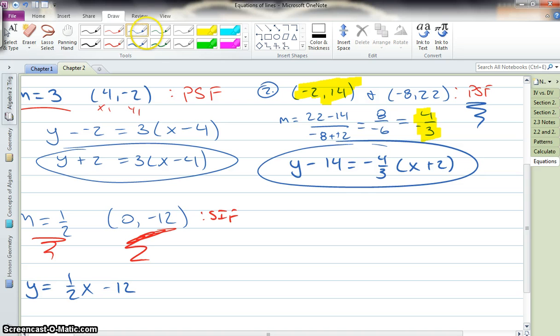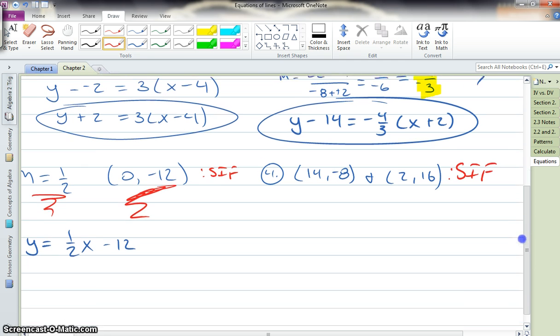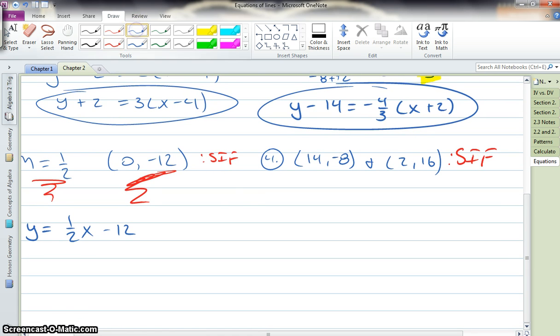So that's the easier example. Now, what if I wanted it in slope-intercept form and I gave you 2 points? Let's go 14, -8, and 2, 16. So I want the equation of the line in slope-intercept form that passes through these 2 points. Alright, now, the first step is we have to find the slope.